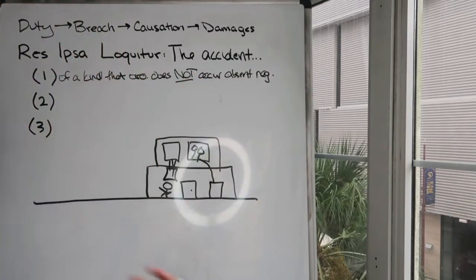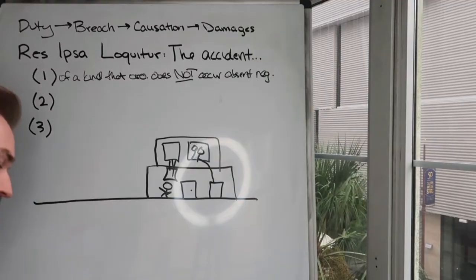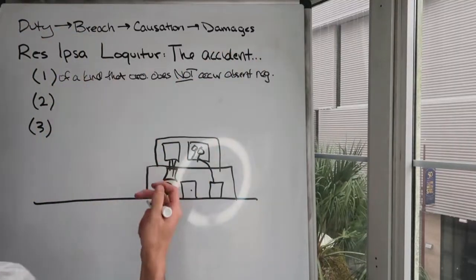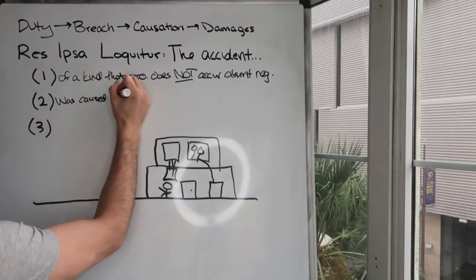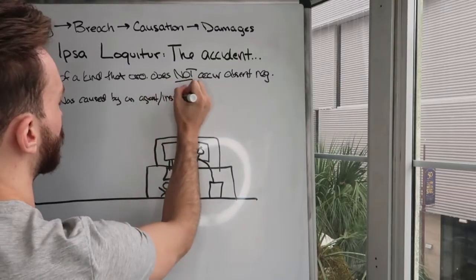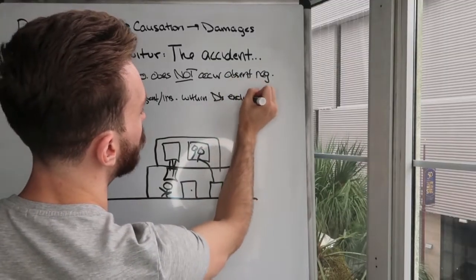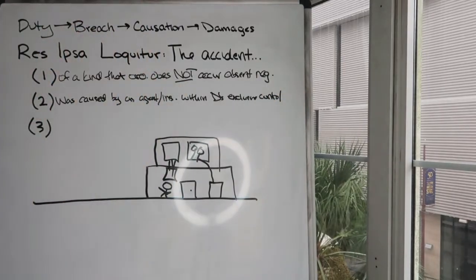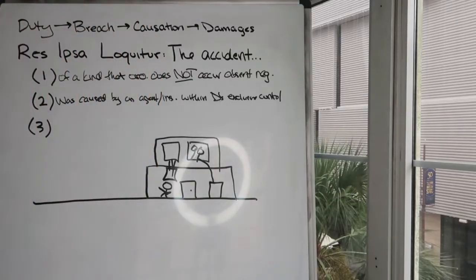Number 2, the accident resulting in the harm was caused by an agent or instrumentality within the defendant's exclusive control. So here the accident was caused by an agent or instrumentality within defendant's exclusive control.